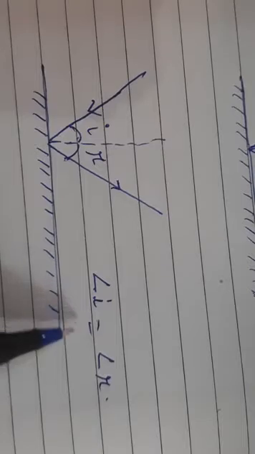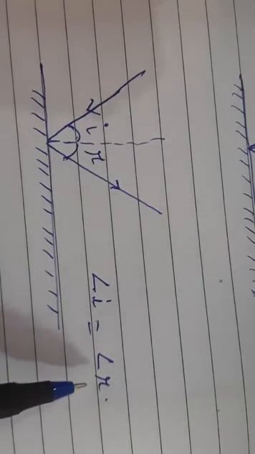And children, you will see that whenever we measure these, the angle of incidence is always equal to the angle of reflection. That is, angle i is always equal to angle r.